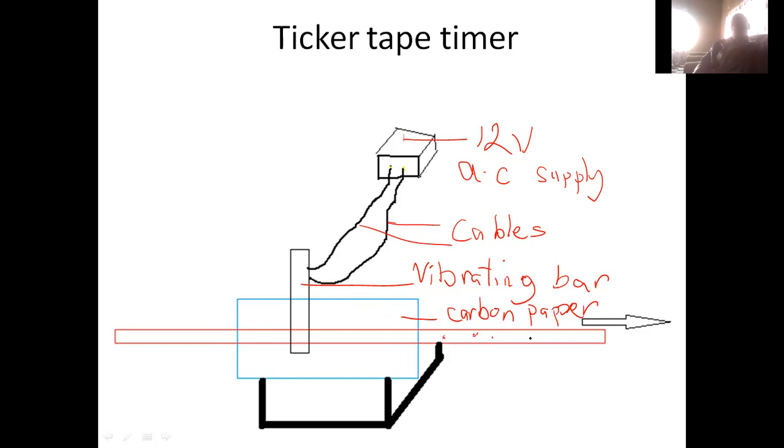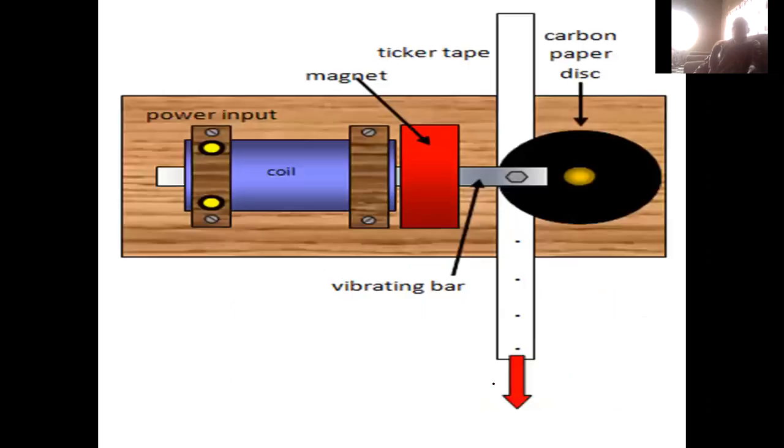It is an image implanter, so it merely makes dots. And then here we have the ticker timer. And so these are the basic parts of a ticker tape timer.